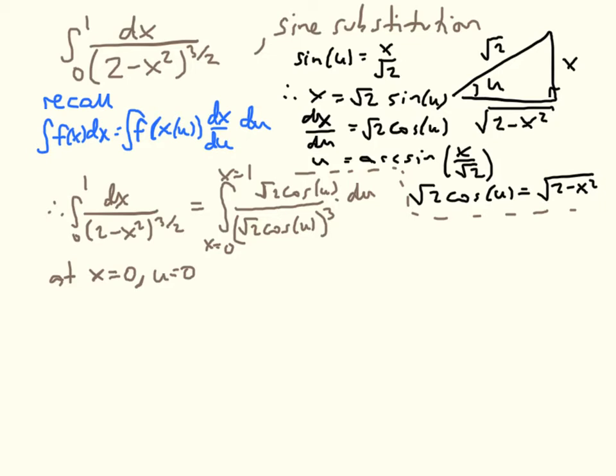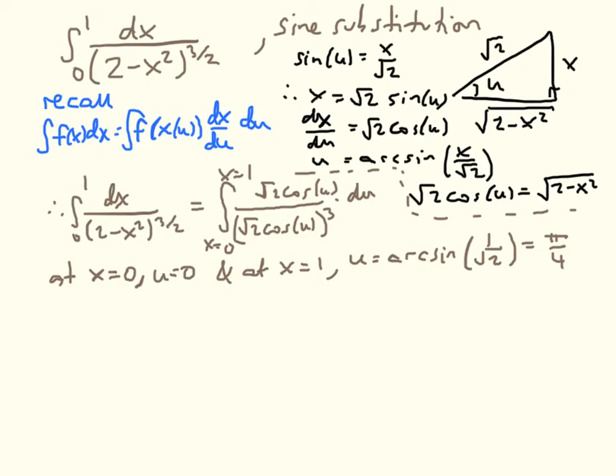And at x is 1, u is the arcsine of 1 over root 2, and that is pi over 4. Sine of pi over 4 is 1 over root 2.